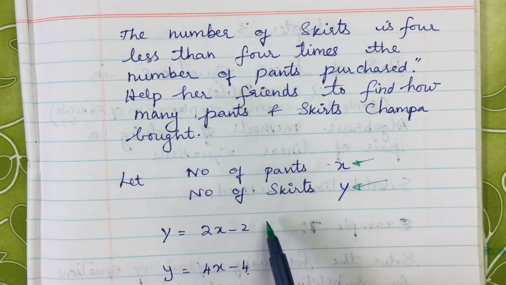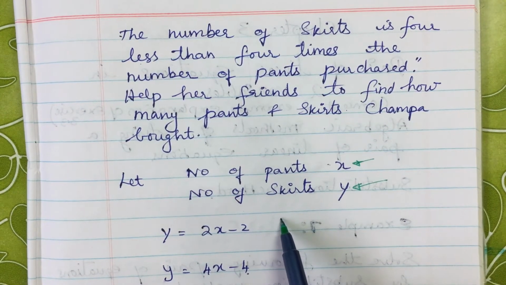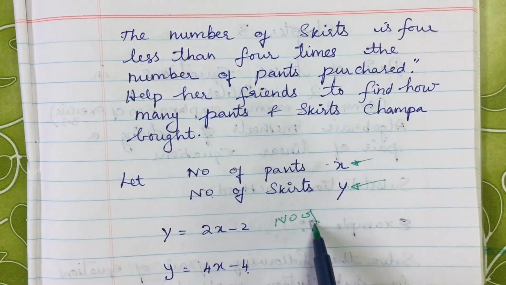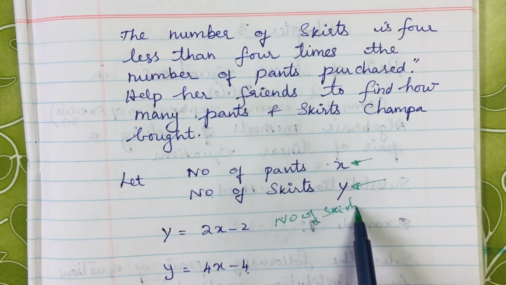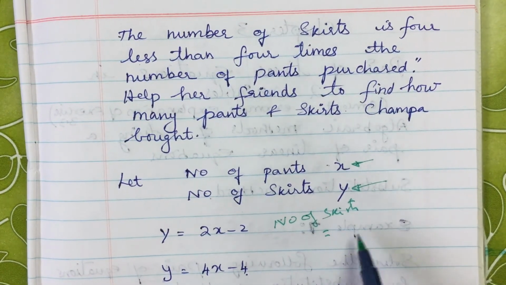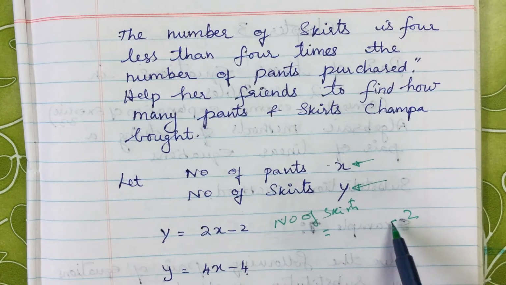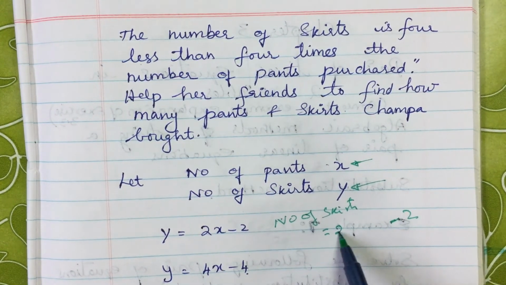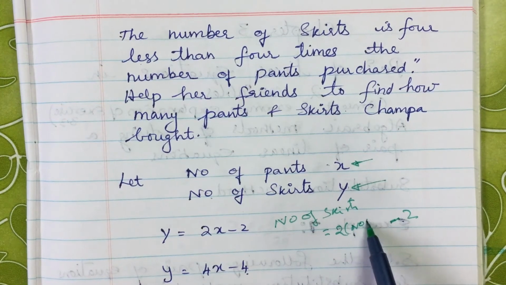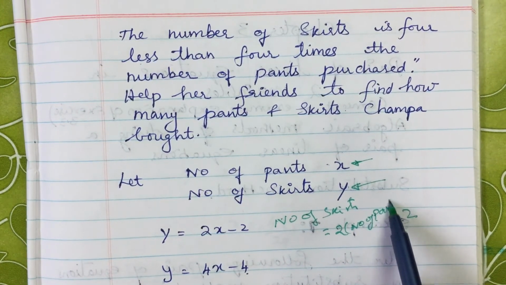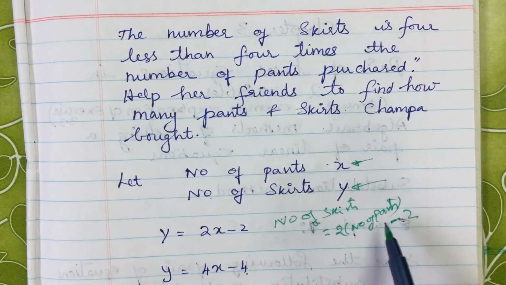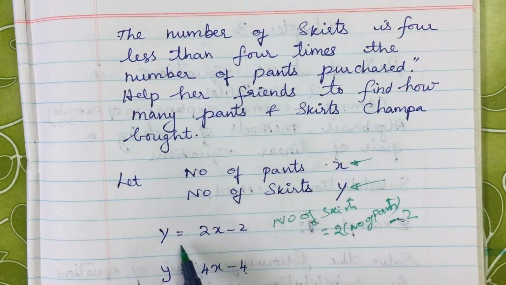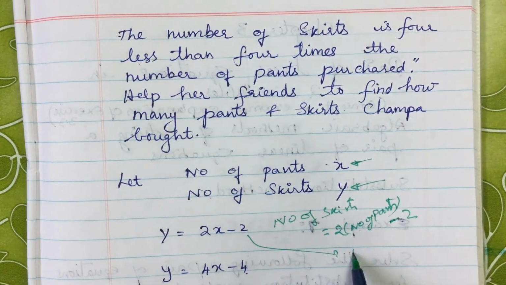So what they said, number of skirts is 2 less than, so 2 less than means you put a minus 2 here, 2 less than twice the number of pants. So number of pants I have taken as x, so it is 2x minus 2 equal to y. So this is your first equation.